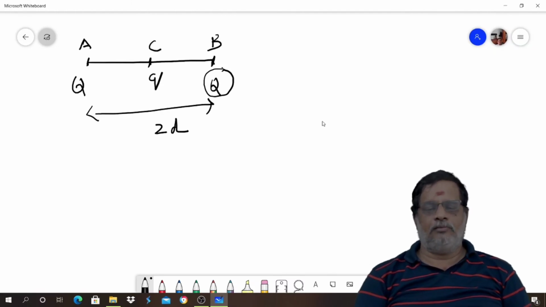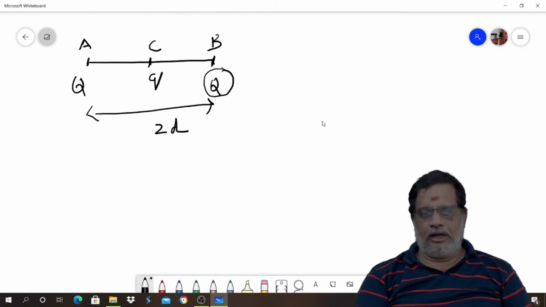For the equilibrium of this charge, what should be the condition? The force on this charge q due to the other charge q at A should be equal in magnitude and opposite in direction to the force on the same charge due to the middle charge placed at C. If this one is repelled by this one with a force, then it should be attracted by the middle one with a force of the same magnitude.